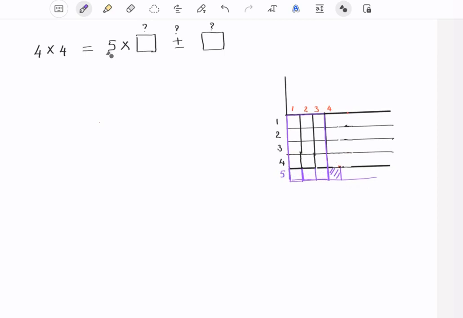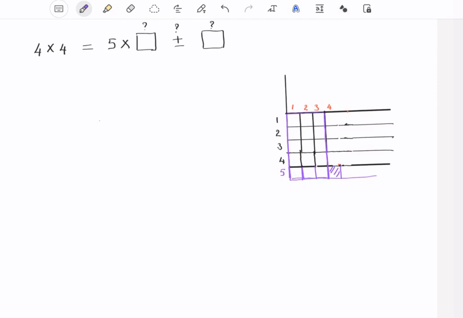So this has become 5 rows. So the number of columns would become how many? Only 3 columns. See, the row has increased by 1 and it has become 5. So the column reduces by 1 and you have only 3 columns.